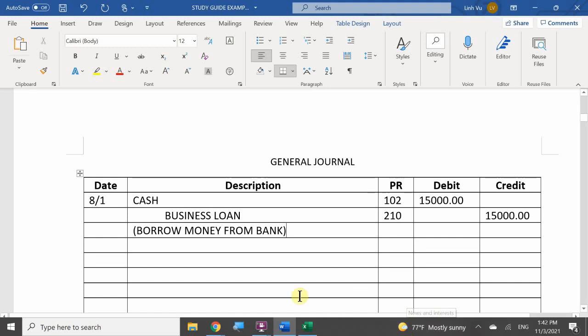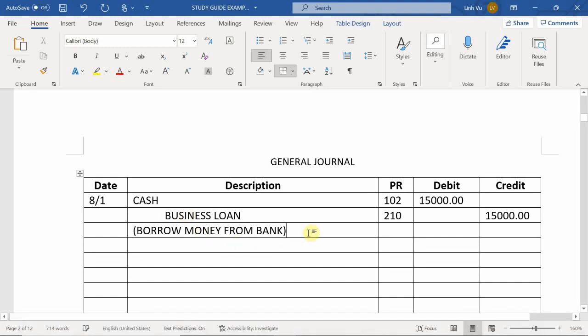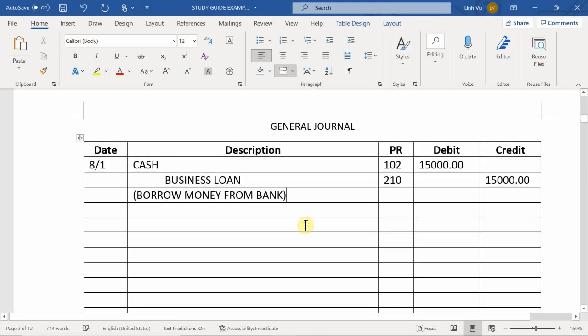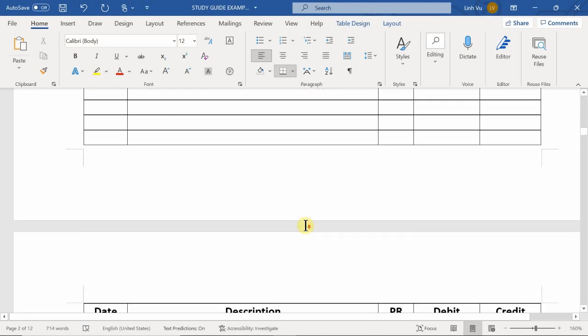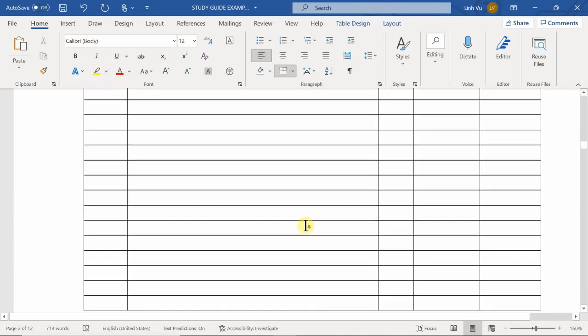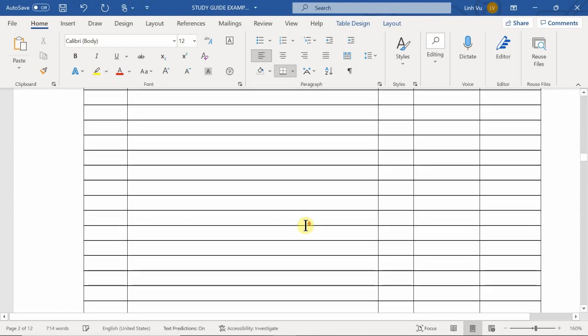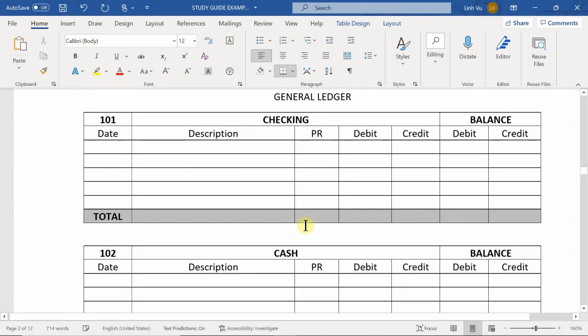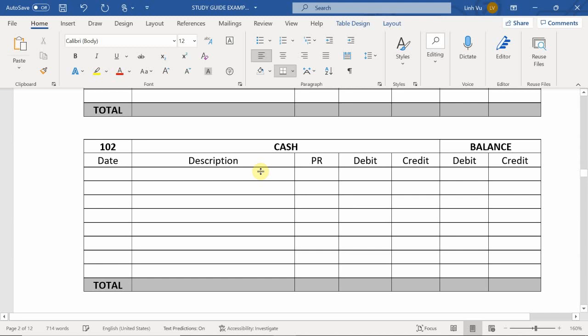Okay. So what do I do after? You're going to post to the ledger. Good. So the first thing I have here is my cash ledger. August 1st, borrow money from the bank.